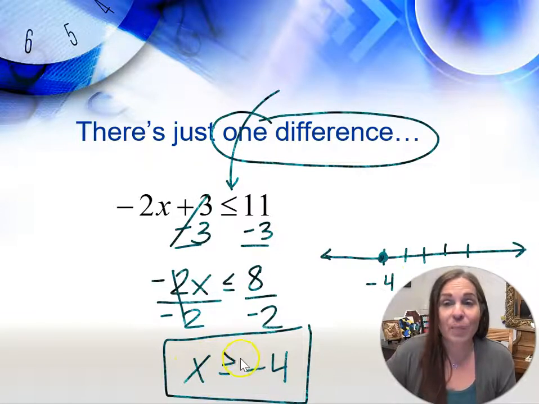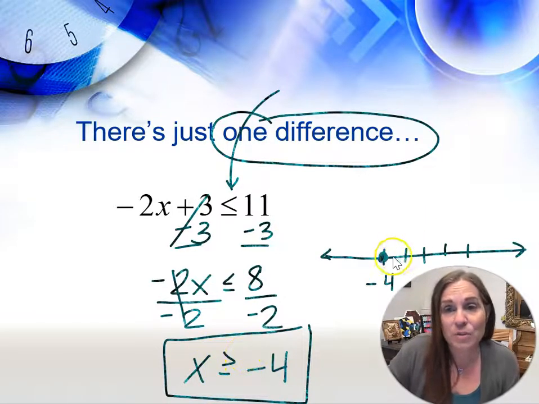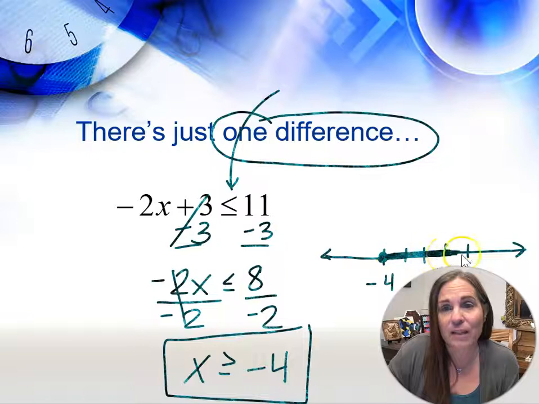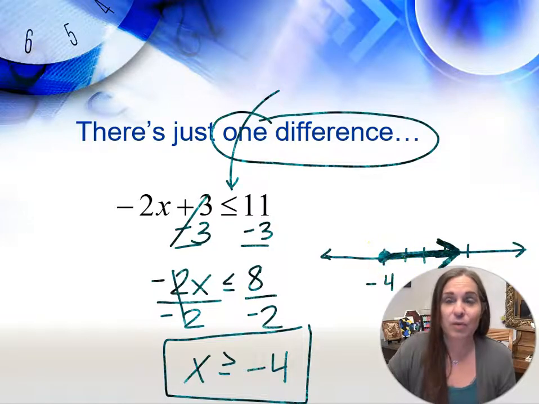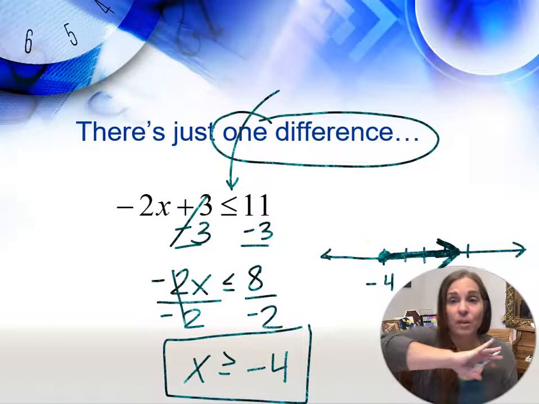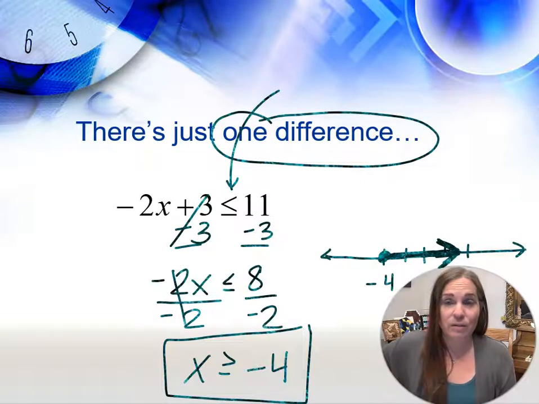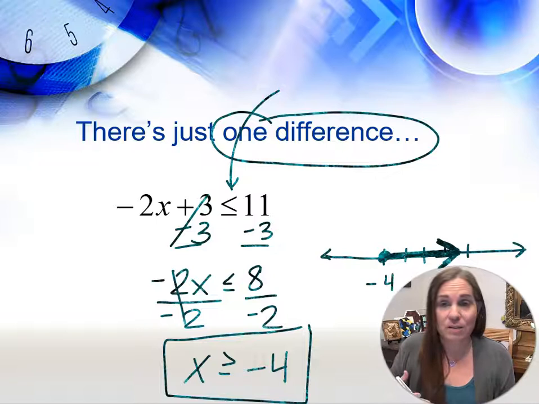The numbers that are bigger are all of these numbers to the right. So I'm going to shade my number line and make it thicker. And then I'm going to put an arrow to show that the solution continues. So starting with -4, all of the numbers that are bigger would be included in this solution.